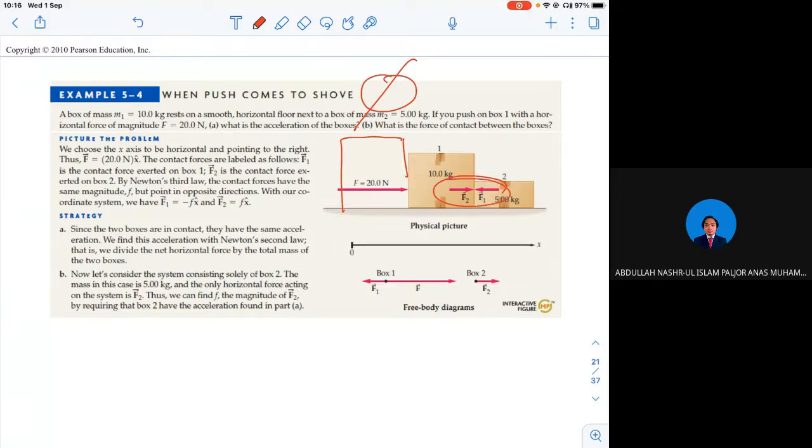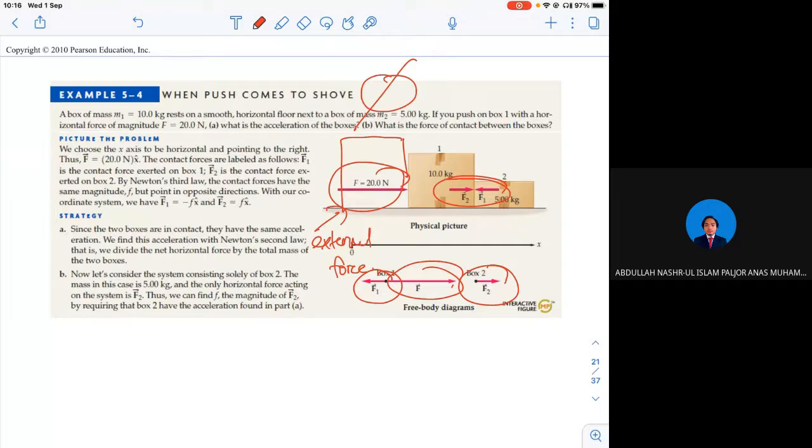But the 20 Newton here in the example is where you want to find the external force. So this external force we also consider as F. But F1 and F2 are considered to be forces.